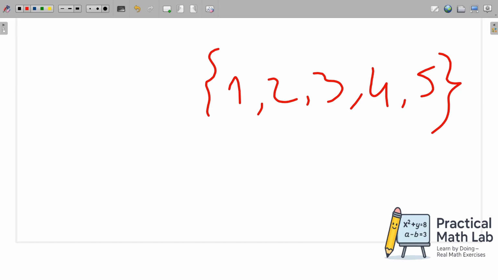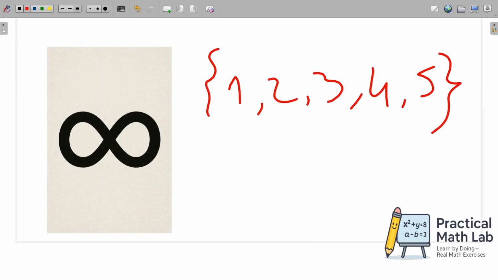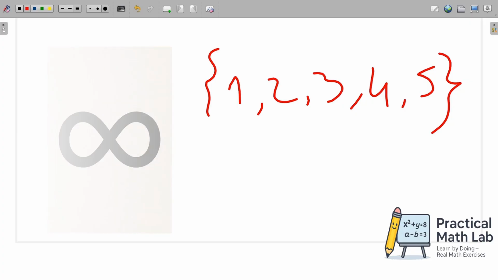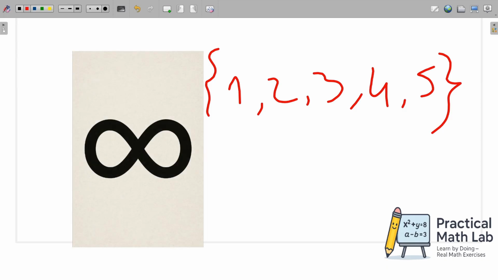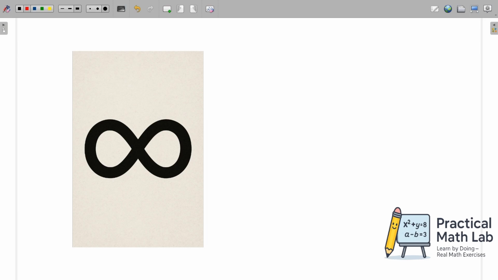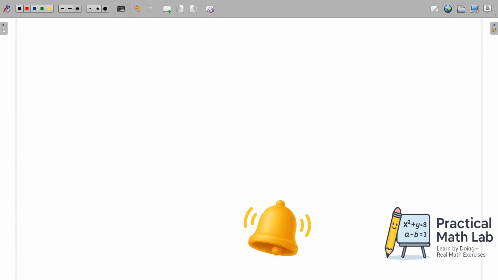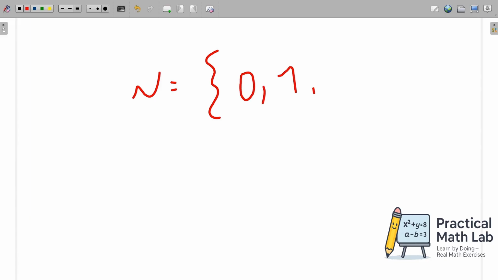Cantor revolutionized things by showing that infinity isn't a single concept, but that there are different sizes or levels of infinity. Before Cantor, people thought all infinities were the same. Just one kind of infinity. Imagine the set of natural numbers, 0, 1, 2, and so on.